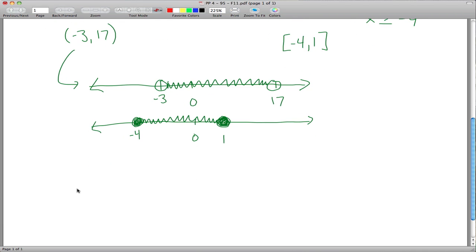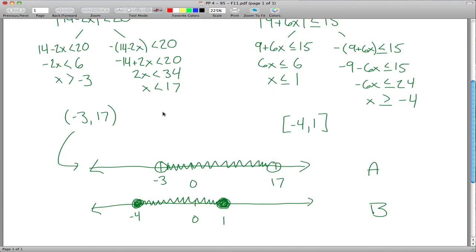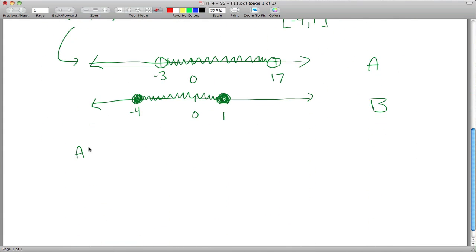So let's see, what we want is, this up here is A and this down here is B. The question is asking for A union B. Remember, union means that you have to either be in this set or in this set. So all the numbers that are in either this set or this set, looks like everything from negative 4 up to positive 17. And we do want to include negative 4, but we don't want to include 17.